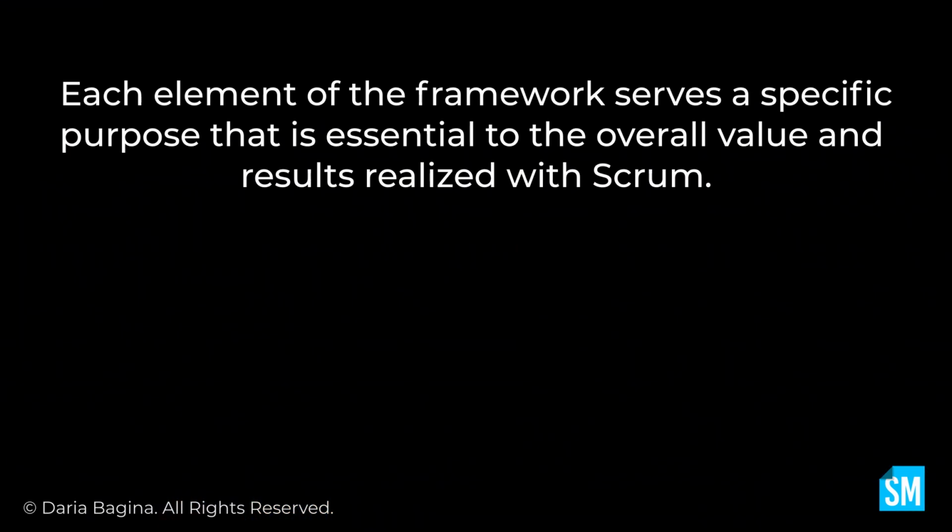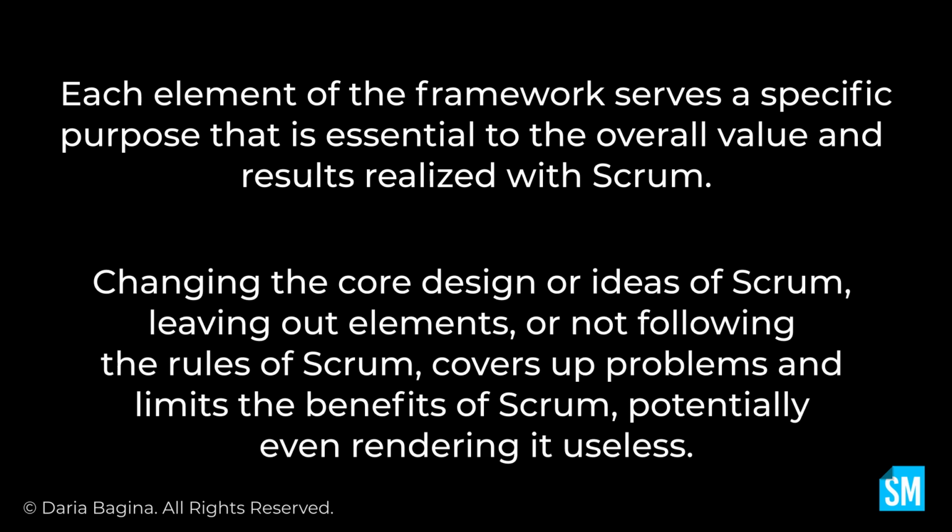So here's what the Scrum Guide actually has to say about that. Each element of the framework serves a specific purpose that is essential to the overall value and results realized with Scrum. Changing the core design or ideas of Scrum, leaving out elements, or not following the rules of Scrum covers up problems and limits the benefits of Scrum, potentially even rendering it useless.